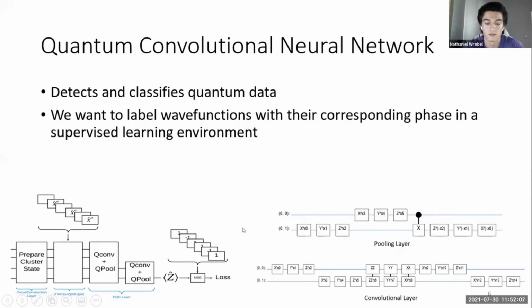The QCNN is also constructed in a circuit environment. So we can just put the wave function circuits on the front end of the series of convolutional and pooling layers. At the end, we just have one really long circuit that does everything we need. As we input our trial wave function, we go through the layers to take out the important data and pull it down, and then we get our measurement.